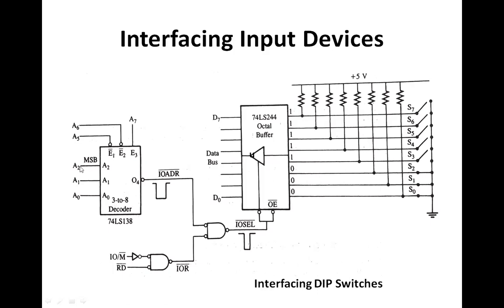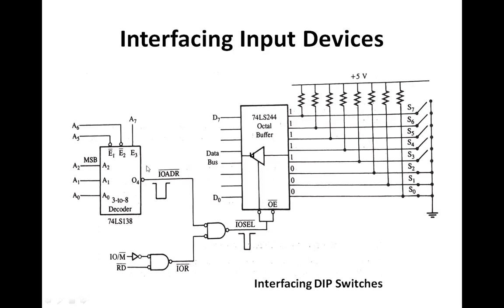A5 is connected with the enable line E1, A6 is connected with the enable line E2, and A7 is connected with the enable line E3. We are not using A3 and A4, keeping them in the don't care condition, so we can consider these two signals as 0 and 0.